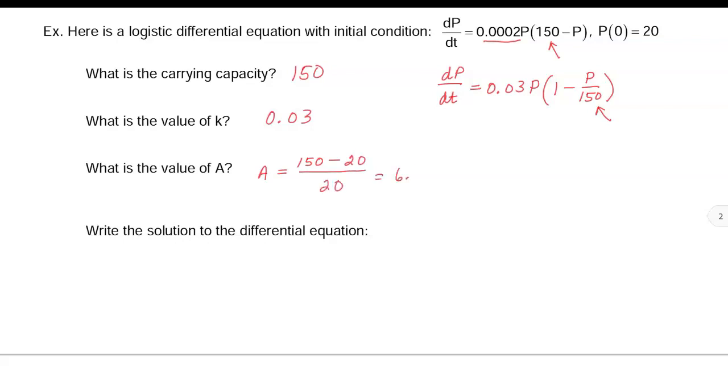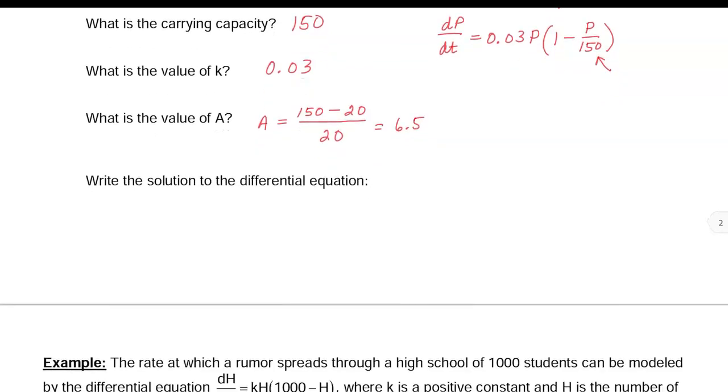You should get 6.5. Now we have all the numbers we need to set up the solution to the differential equation. P of t equals 150 for our carrying capacity over 1 plus A, which is 6.5, times e to the negative 0.03t.